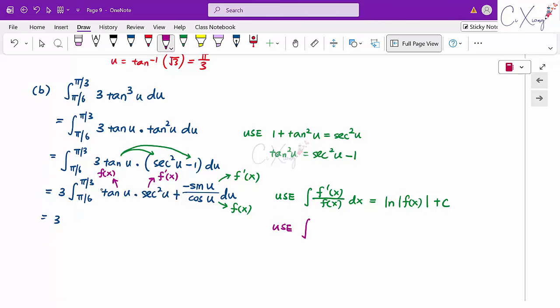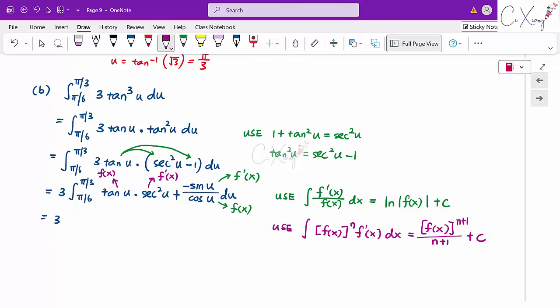When we want to integrate f(x) with any power multiplied with f prime x, you only integrate the function f(x) power n. So you'll have f(x) power n plus 1 divided by the new power n plus 1, then plus c.